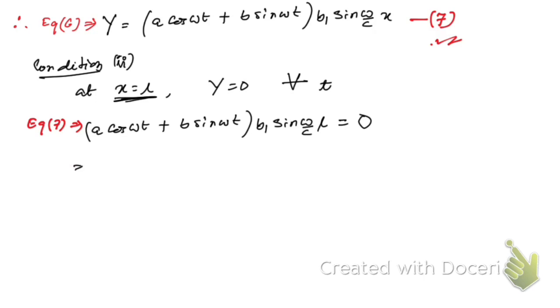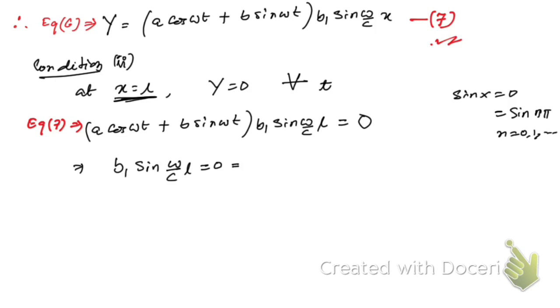So this implies that b1 sine omega c into L is equal to 0, and we know that the general solution of sine x is equal to 0 is sine of n pi, where n is equal to 0, 1, 2, so on. So here we're going to write sine n pi, n is equal to 0, 1, 2, 3, dot dot dot, right?